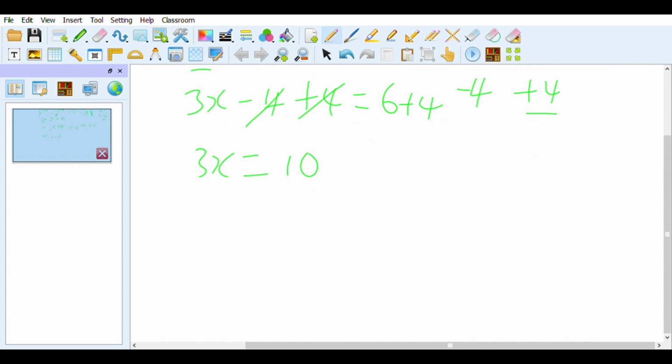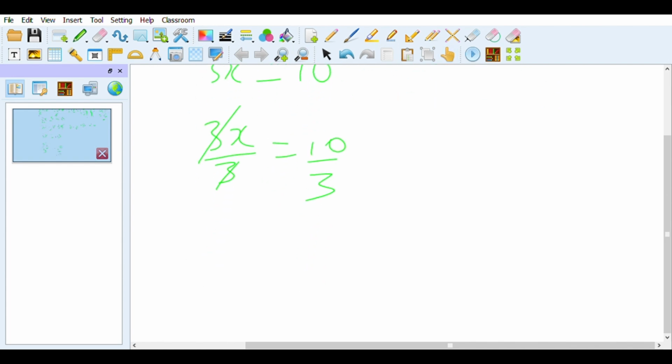Divide both sides by 3 because 3 is the coefficient of x. So 3x we divide by 3 is equal to 10 we divide by 3. So x will now be left alone. So we have x is equal to, this will now be 3 whole number 1 over 3.